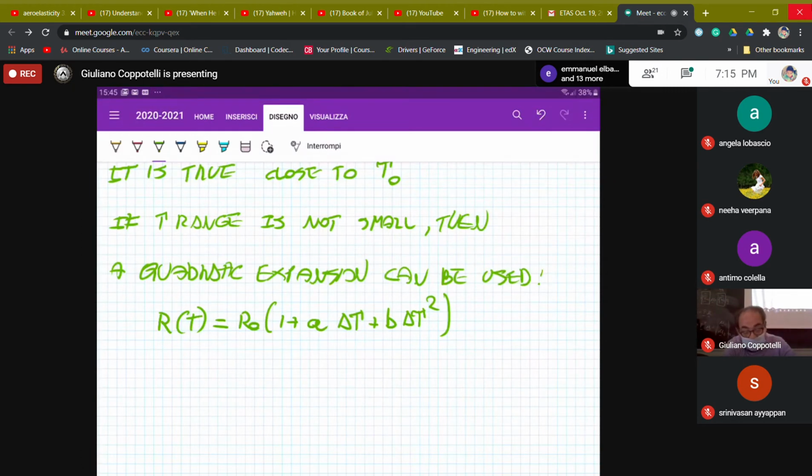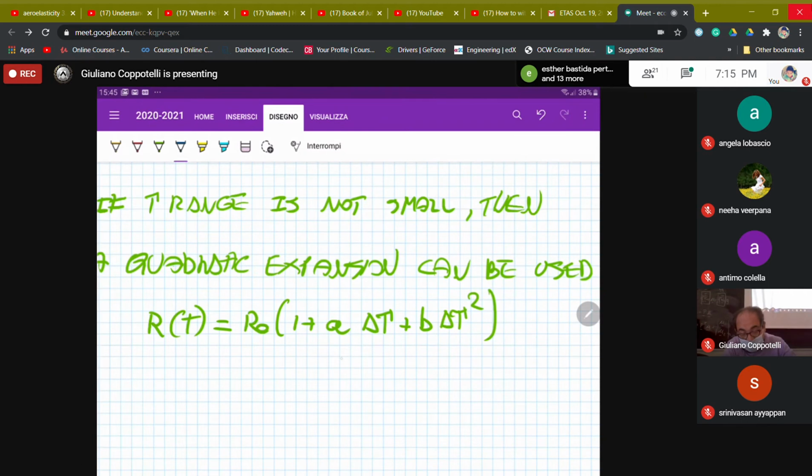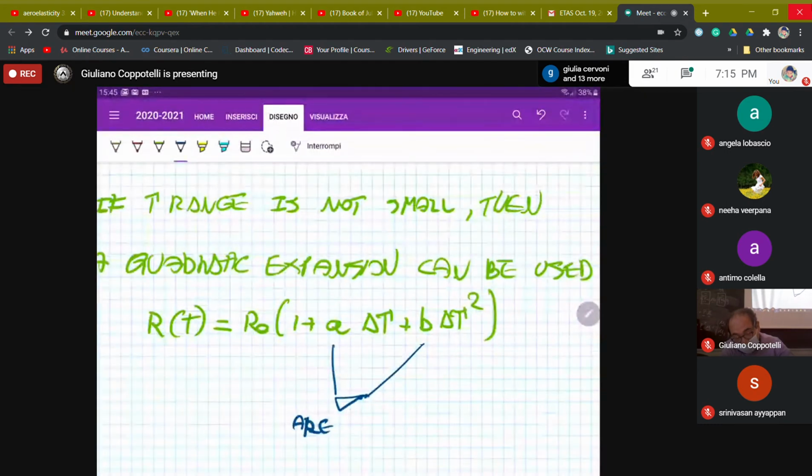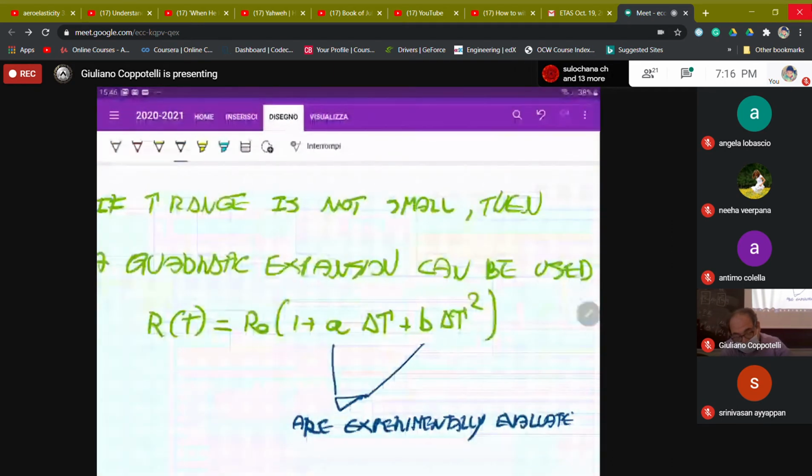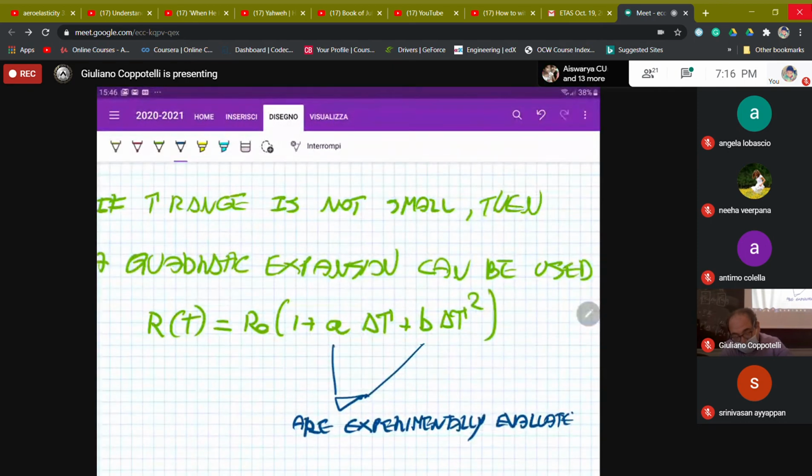And as you can think by yourself, these A and B coefficients are experimentally evaluated and depend on the material we are using to manufacture the resistance.